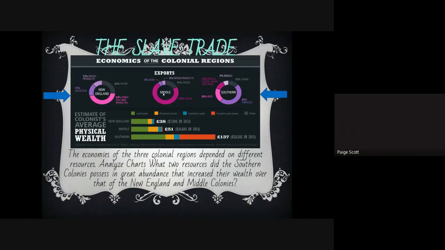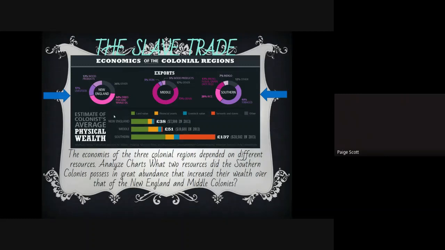In the middle colonies, 5% was iron, 5% wood, 17% other, and 73% grain. Then in the southern colonies, 7% was indigo, 12% other, 48% tobacco, 20% rice, and 13% bread, flour, and grain, which was not rice.